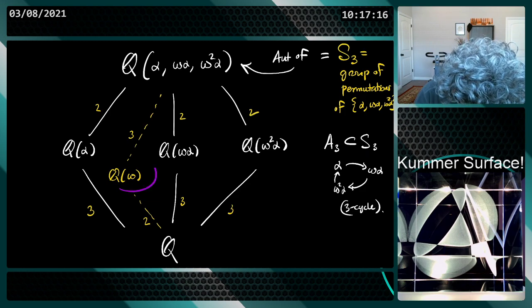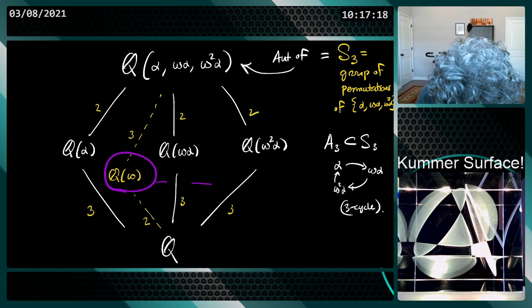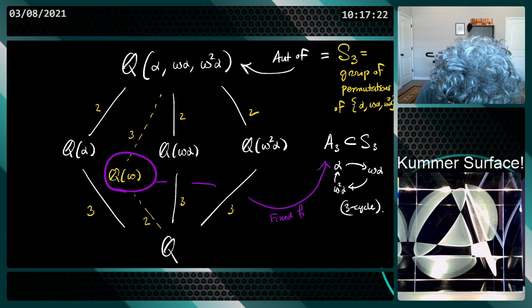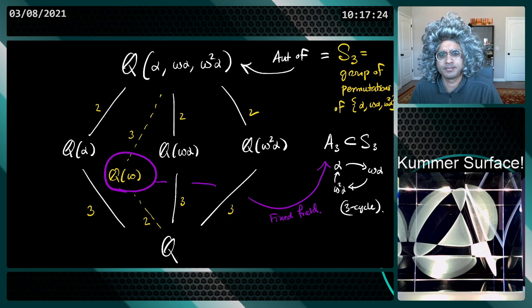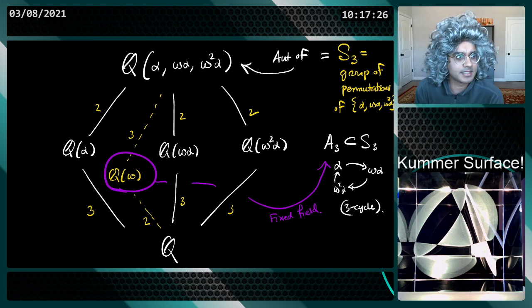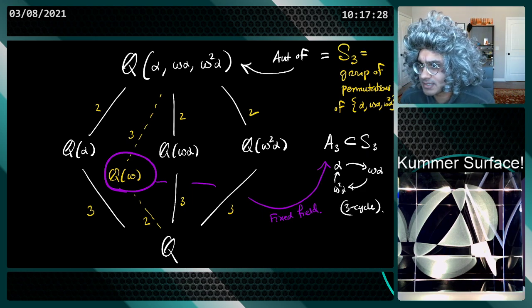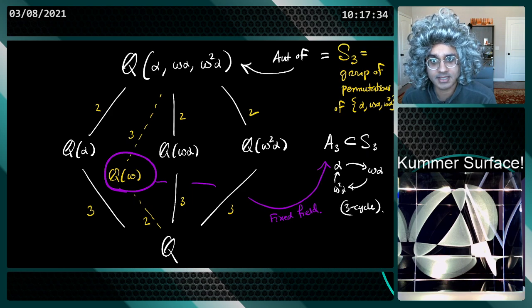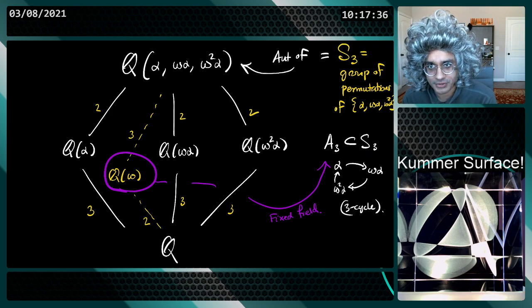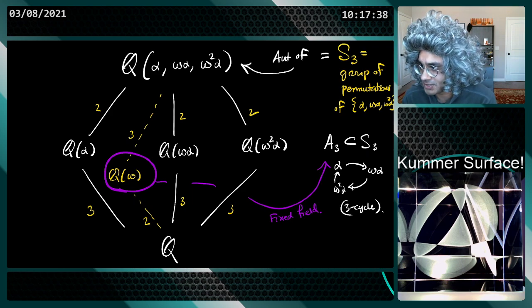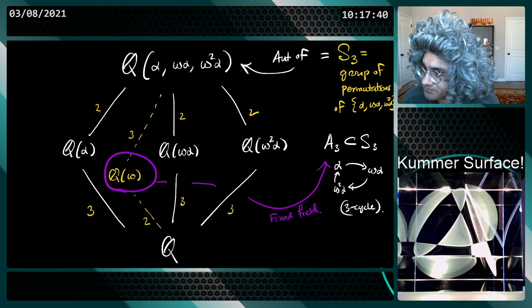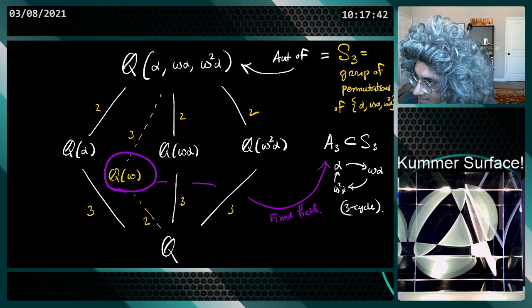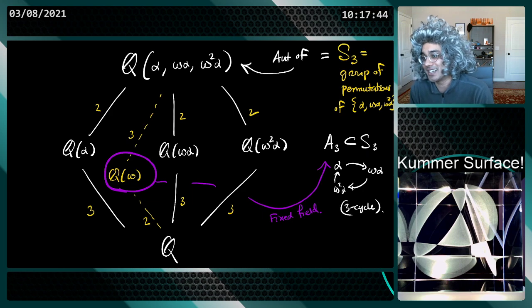So it must be this one, because that's the only way the sizes work out. The fixed field of a group has distance the size of the group from the large field. Distance in the sense of degree. Yes, exactly, Vixen. That's exactly right.